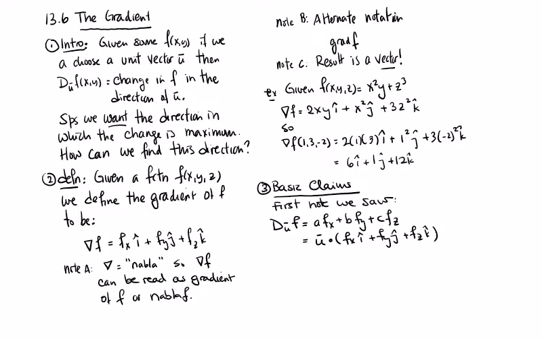That was the last thing we mentioned in 13.5. Now it turns out that this is then the same as u dotted with the gradient, because that vector right there is the gradient. So first note is keep this in mind. We put a box around this just so we've noted it.